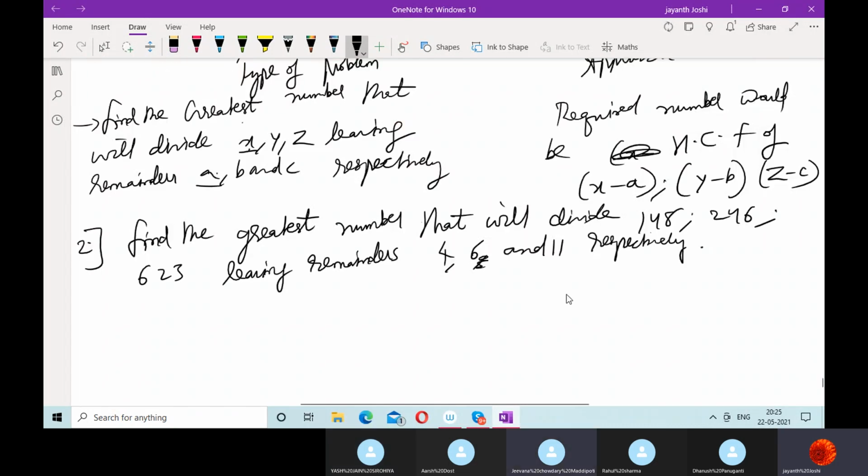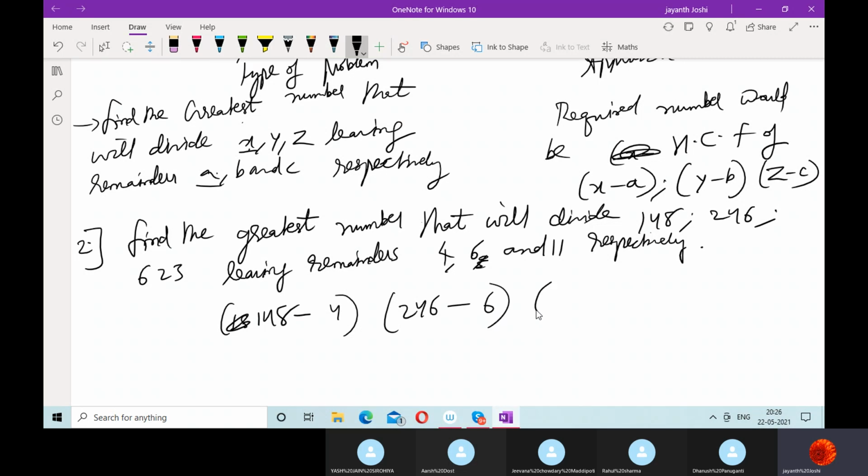find the greatest number that will divide 148, 246, 620, leaving remainders this. So first what you need to do is 148 minus 4. Then 246 minus 6. 623 minus 11. So what are you getting here?